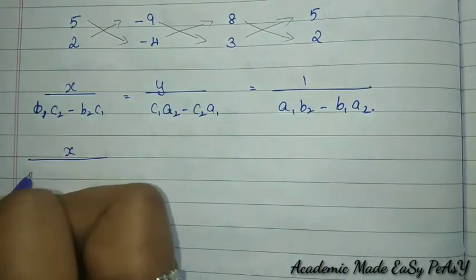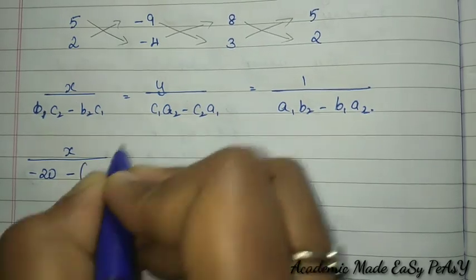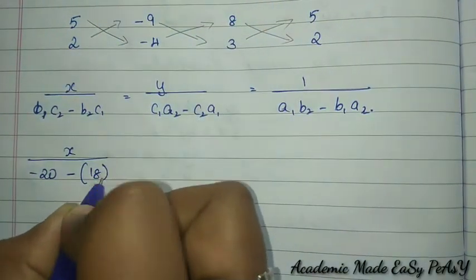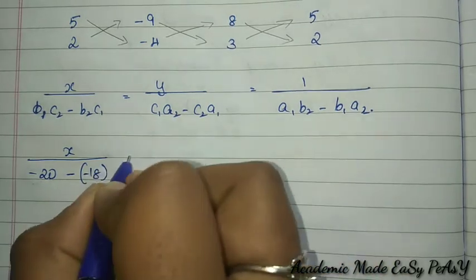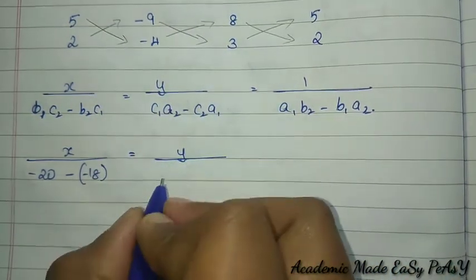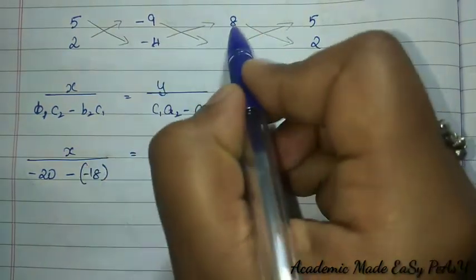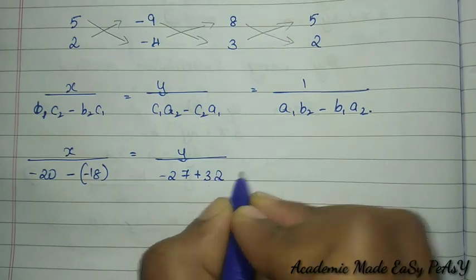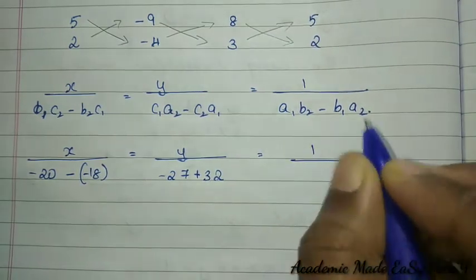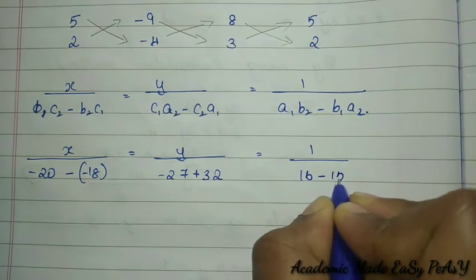It is minus 20 minus 18, minus into minus, is equal to y divided by minus 27 minus into minus is plus, 4 8s are 32, is equal to 1 divided by 8 2s are 16 minus 15.